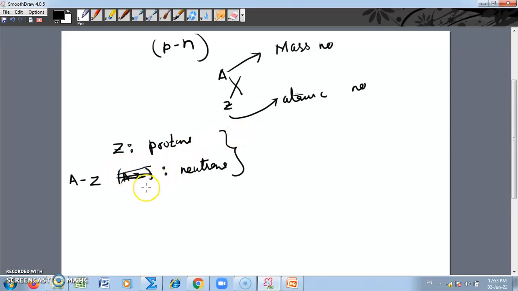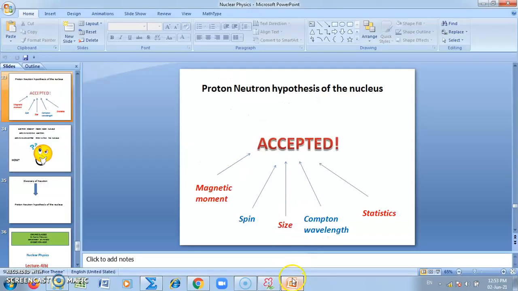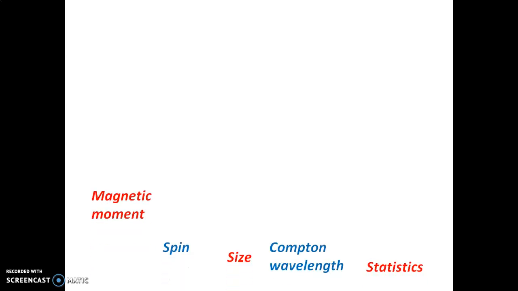Now we'll look at some other things. We found that the proton and the neutron are inside the nucleus, but there are no electrons inside. So we have already seen these things.